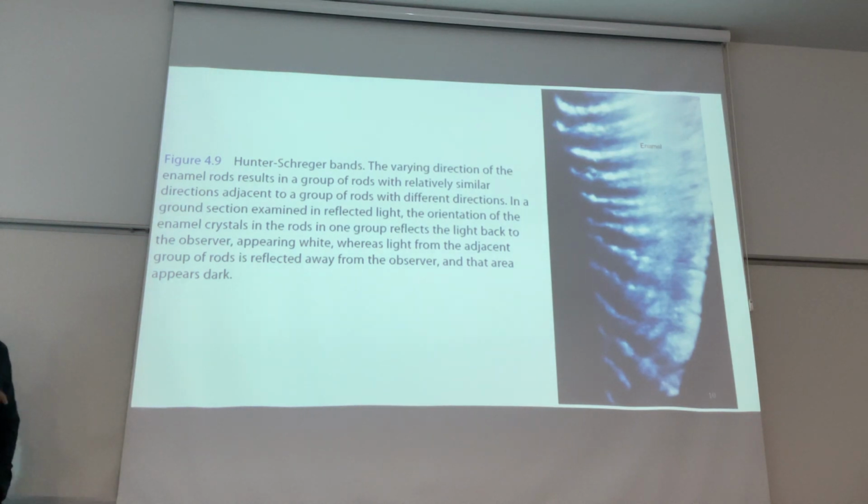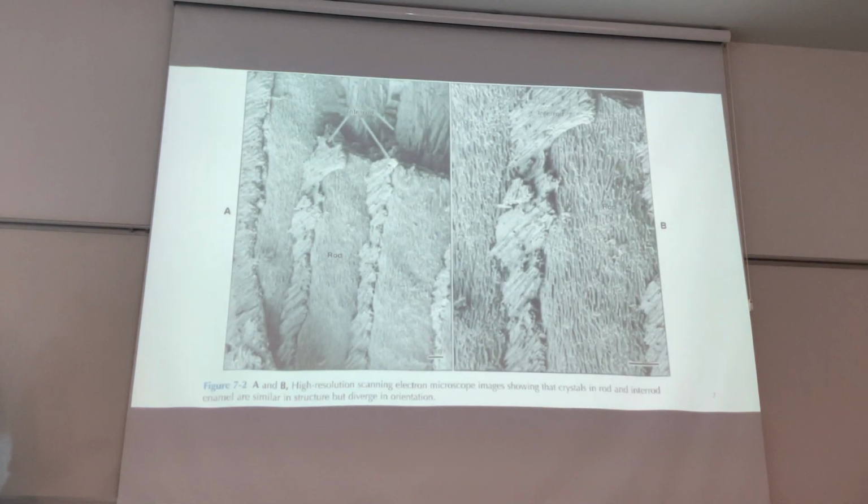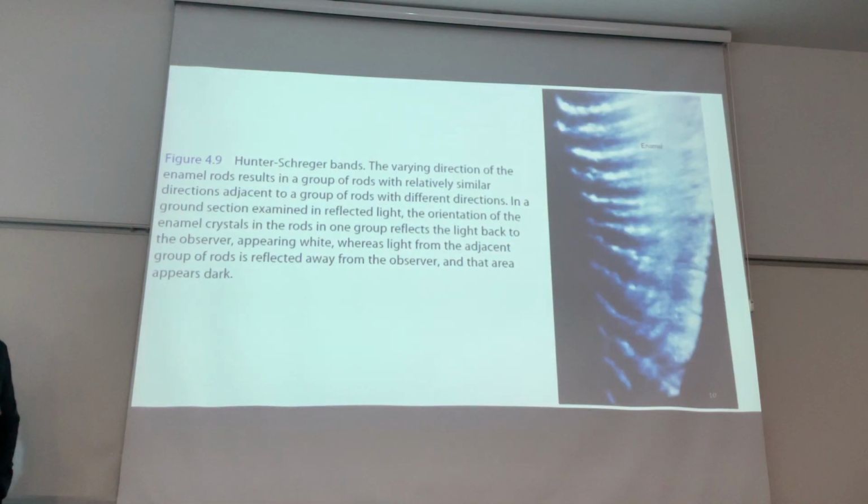Look here, for example. Some crystals form a shape in this rod, and some of them form in this rod. And between them, when you put the enamel under the light, between the keys, you can see some areas which light can pass through, and in some areas light can't pass. This structure is known as the Hunter-Schreger band.